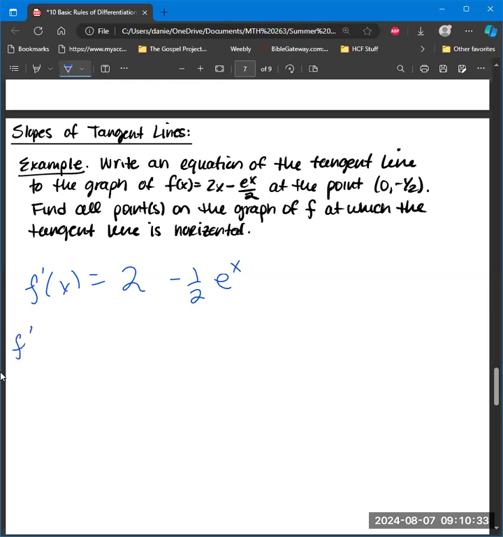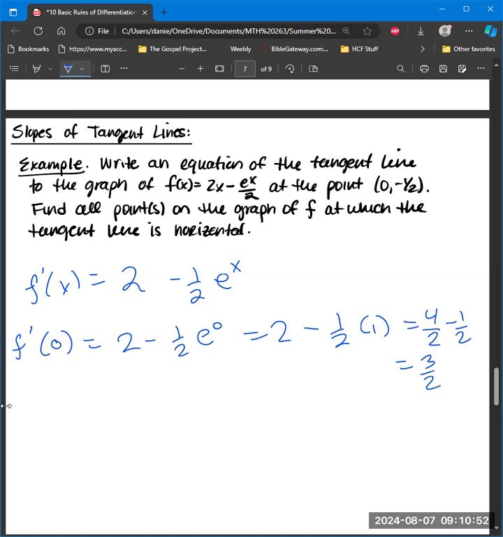When we go ahead and we stick 0 in for the derivative, we get 2 minus 1/2 times e to the 0, which is 2 minus 1/2 times 1. 2 over 1 is the same as 4 over 2 minus 1 over 2. That's going to give me 3/2 for my slope.